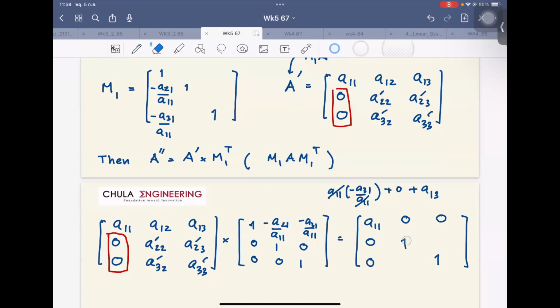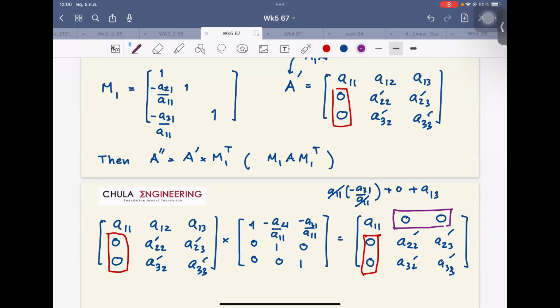I'm sorry, 0. This is A22 prime, A23 prime. So now this is from the M1 that pre-multiplies, and this is from the M1 transpose that post-multiplies.